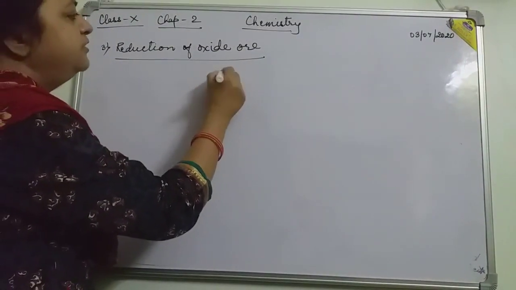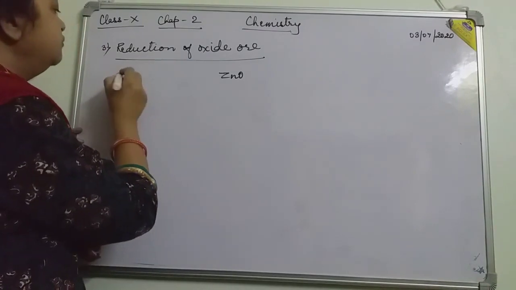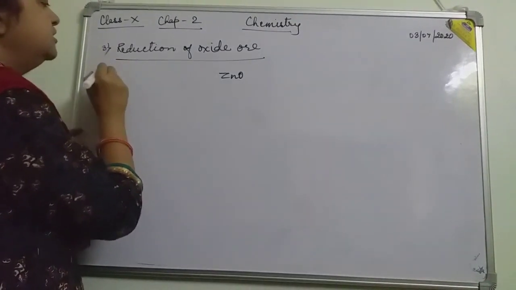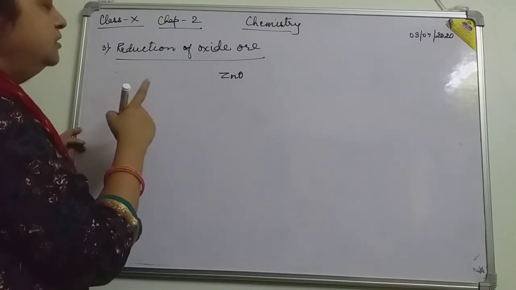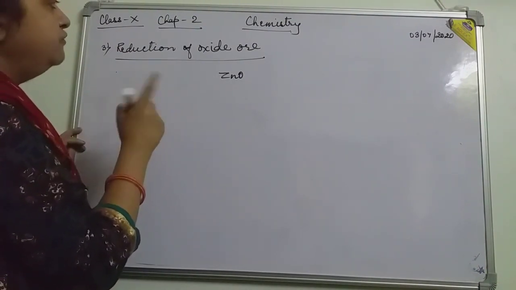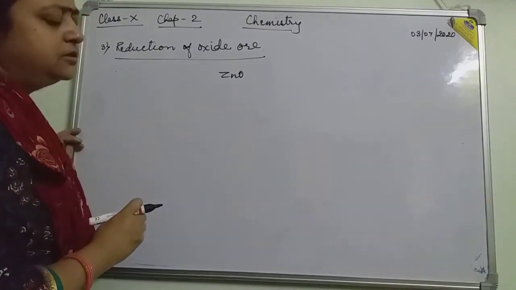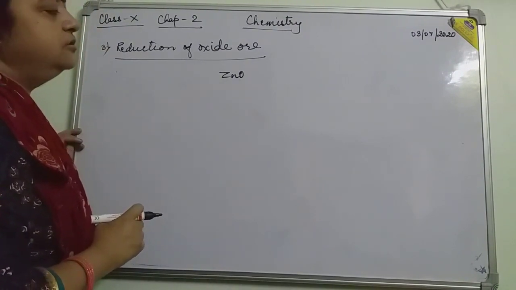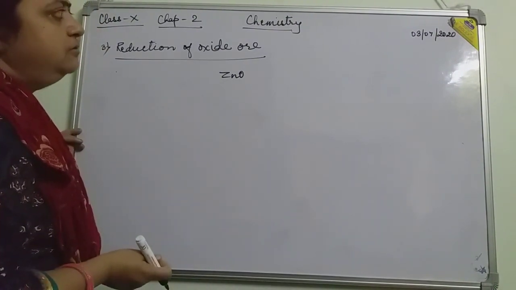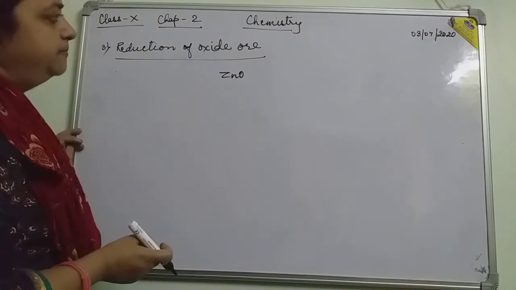For example, if it is zinc oxide, for reduction we use two terms, calcination and roasting. Conversion of carbonate ore into oxide ore is by calcination, and conversion of sulfide ore into oxide ore is by roasting.